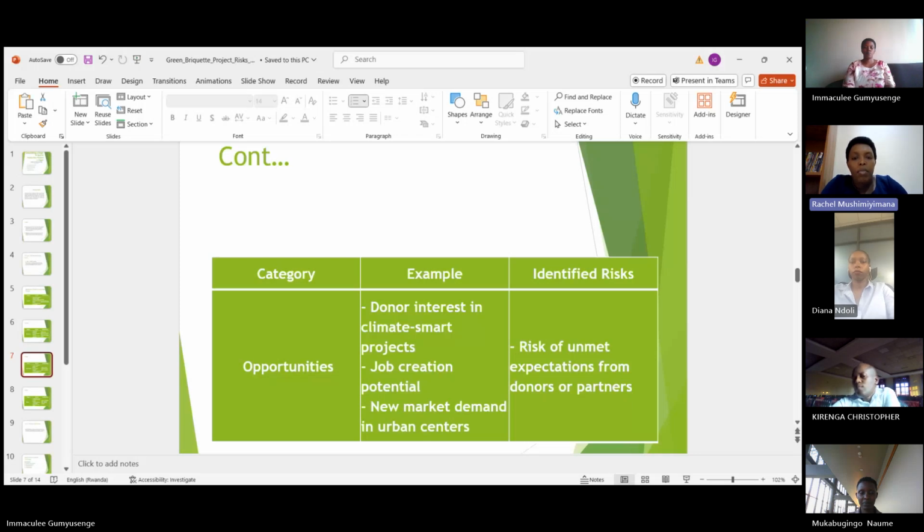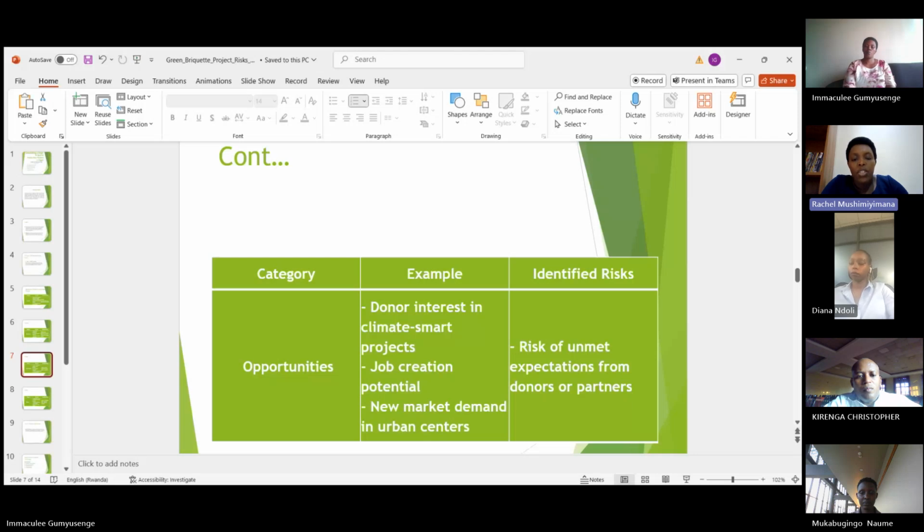As examples of opportunities, we have donor interest in climate-smart projects, job creation potential, and new market demand in urban centers. The identified risk is the risk of unmet expectations for donors or partners.